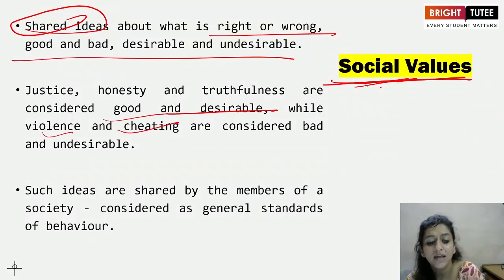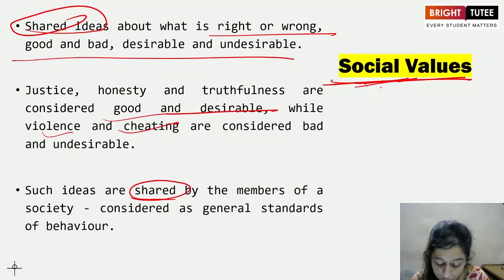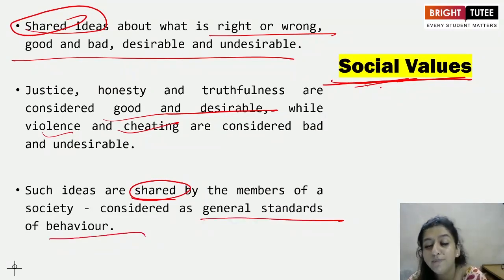This is there in the majority of societies in general, and it is being shared by a lot of societies. Such ideas are shared by members of the group or society and considered general standards of behavior.